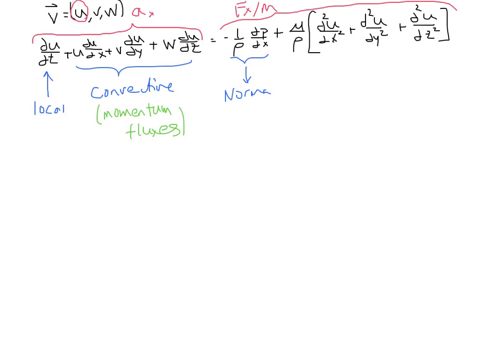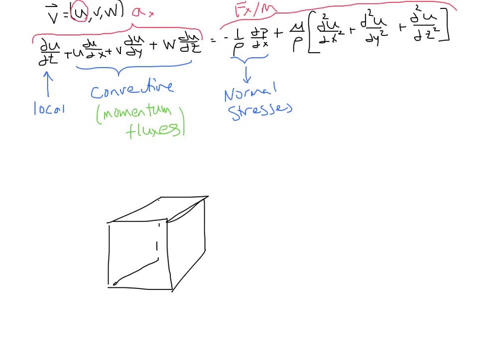And so thinking about our little control volume, I'll sketch it in just a moment here, we have our cube of fluid that we're tracking. The normal stresses in the x direction would be the pressure forces acting on the two faces, normal to the surface. So we have pressure times area acting left and right.